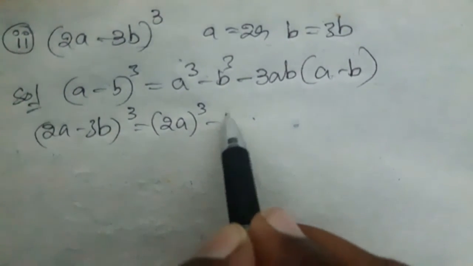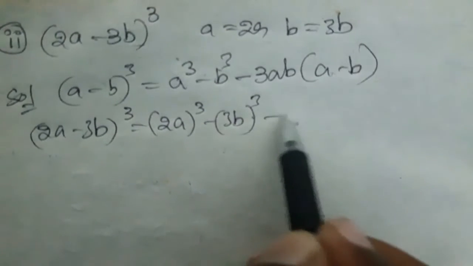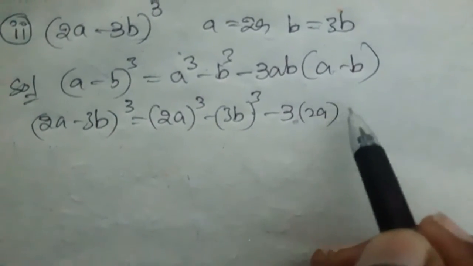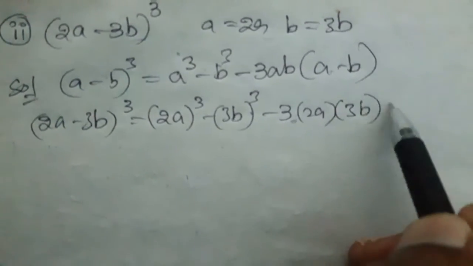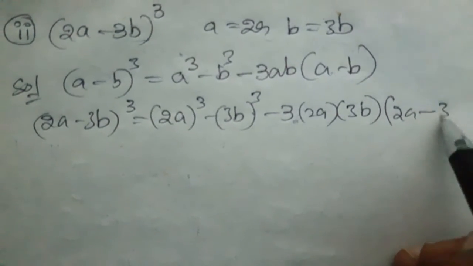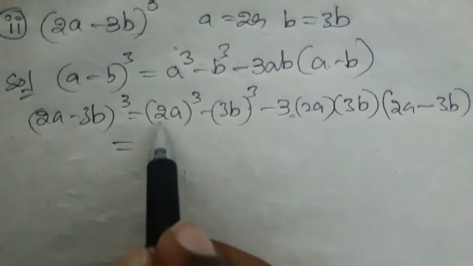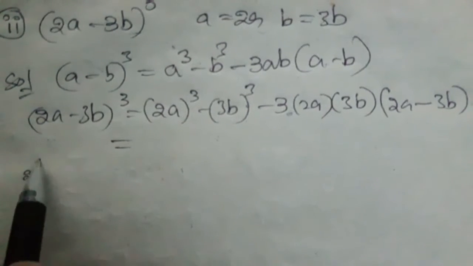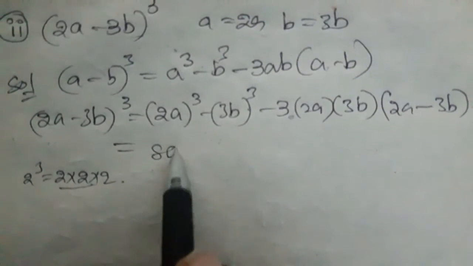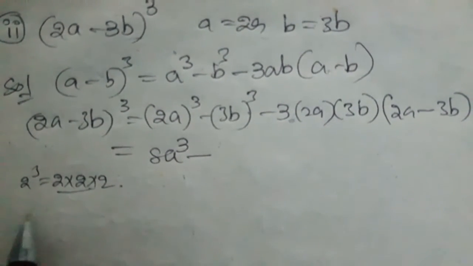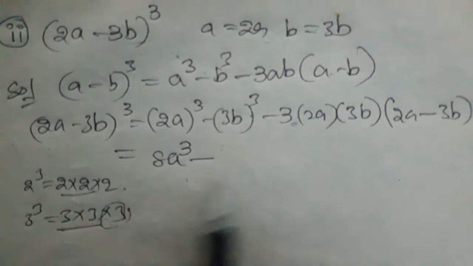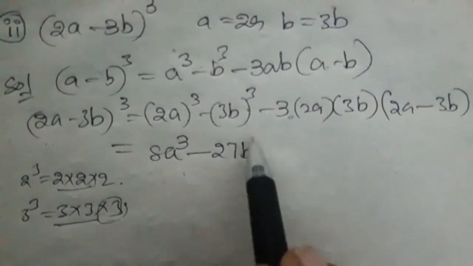Now (2a minus 3b) whole cube equals (2a) whole cube minus (3b) whole cube minus 3 into 2a into 3b into (2a minus 3b). Now 2 cube means 2 multiplied 3 times, 2 4s are 8, so 8a cube. 3 cube means 3 multiplied 3 times, 3 3s are 9, 9 3s are 27, so 27b cube.